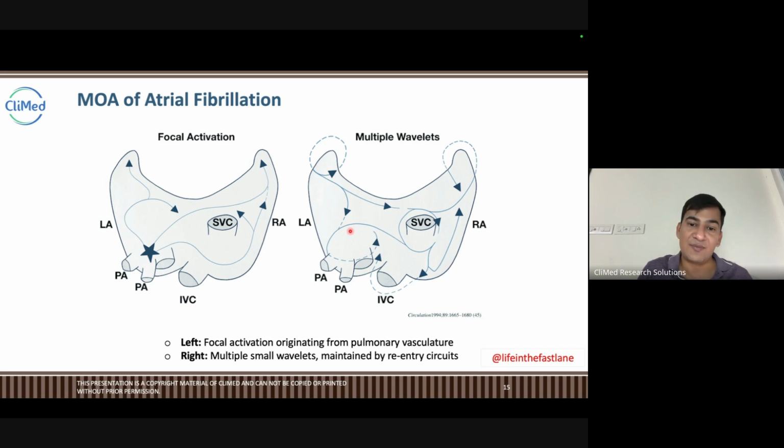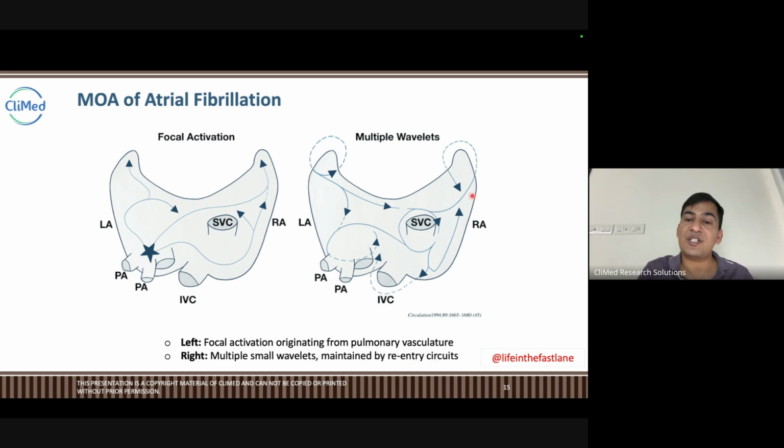I mean the atria, right? If you see here, this was generated from here, came out, and re-entered. Here it went to the RA, came out of the RA to other chambers like the ventricle, or out of the ventricle, inferior vena cava, superior vena cava, and came in. So these impulses are re-entering again and again, multiple small wavelets, maintained by re-entry circuits.